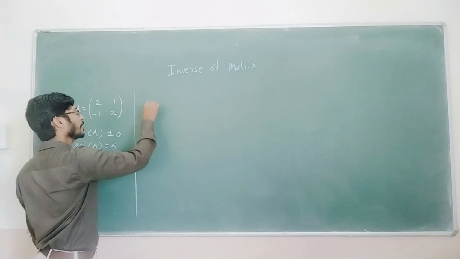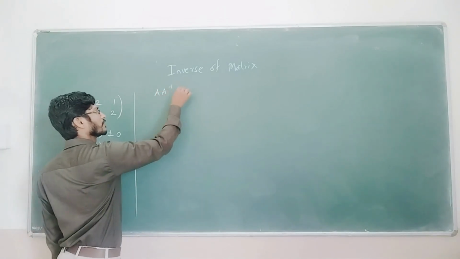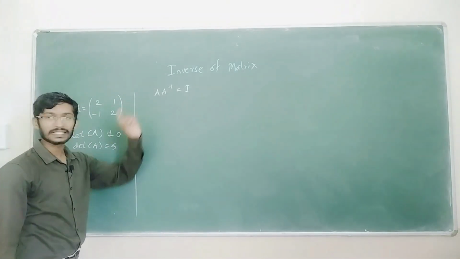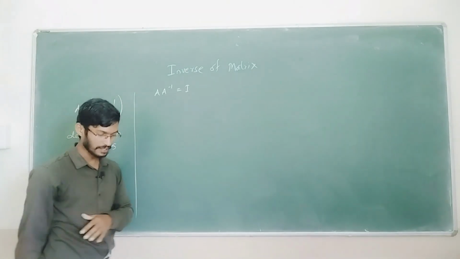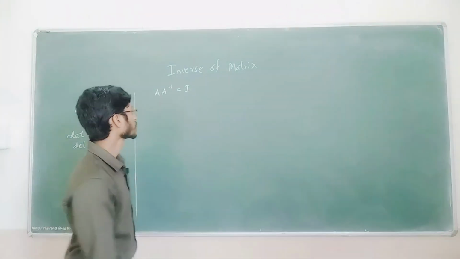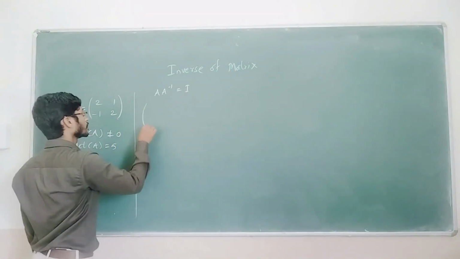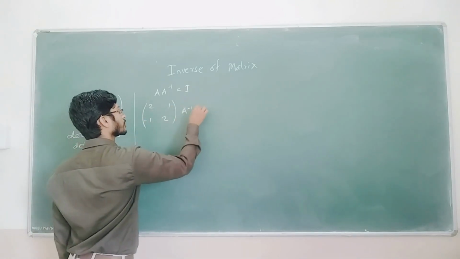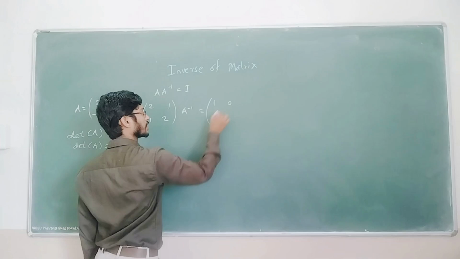We have to write A into A inverse is equal to I in this format. If I am writing in this format, in the Gauss Jordan method, we will use the row transformation method. So I will write [2 1; minus 1 2] into A inverse is equal to [1 0; 0 1].